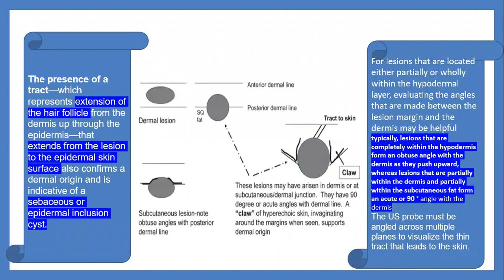We describe that if the lesion is within the two layers, that means dermal, and no problem. If it is partially or wholly within, we will look for the angles. If the angle is acute, causing a claw, this is dermal. If it is obtuse, that means it is hypodermal.